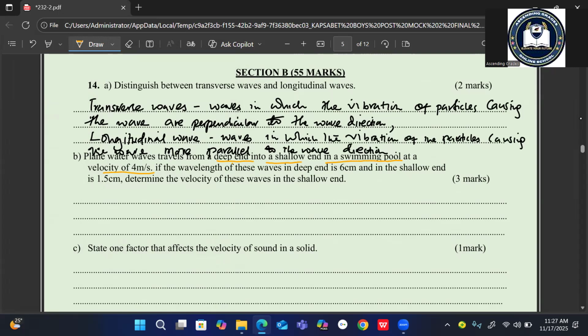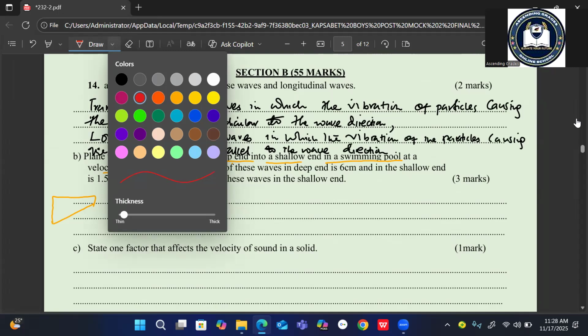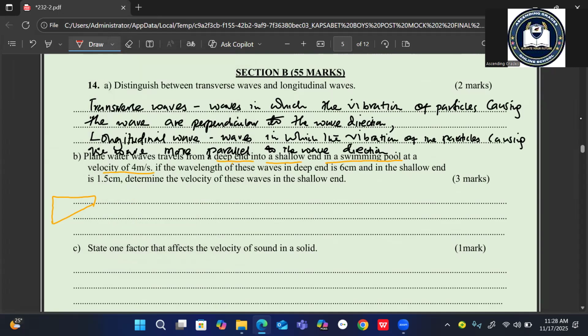So if we can start interpreting, we can draw it like this. So this is the deep, shallow end. Then you're told if the wavelength of these waves in the deep is 6 and at the shallow is 1.5, determine the velocity of these waves in the shallow end.